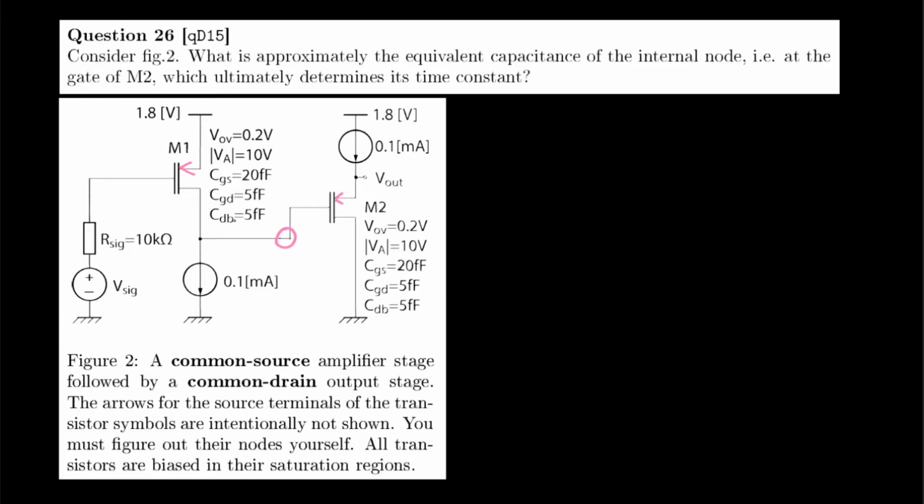Now we can go through each capacitance of the transistors and figure out if they contribute to the time constant of the internal node. So first, CGS of M1. That one is connected between the gate of M1 and the source of M1. It is in no way connected to the internal node and therefore it doesn't contribute to the time constant. CdB is the capacitance between the drain of the first transistor, so that is indeed connected to the internal node, and the bulk of the transistor.